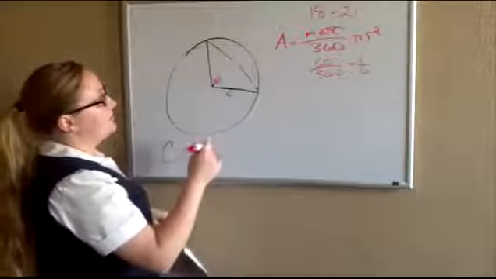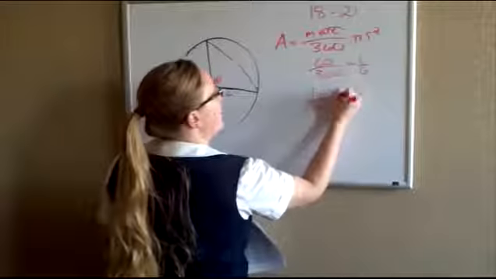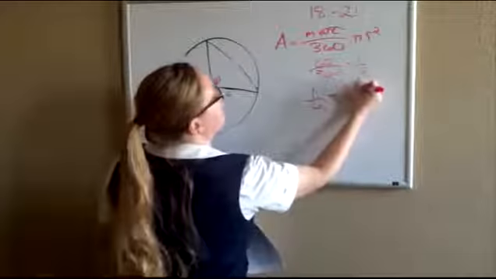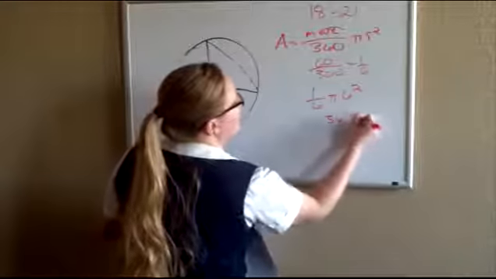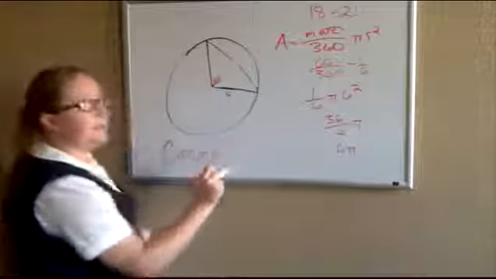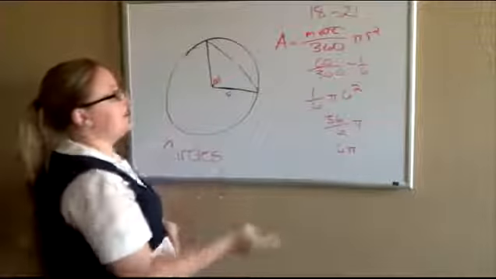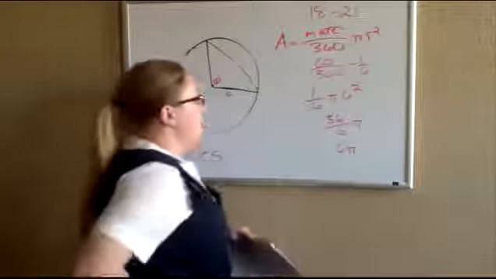So let's solve for this sector. It would be 1/6 times pi and 6 squared, correct? 36 over 6 pi gives you 6 pi is the area of the sector. And we need to remember that because the area of the segment is that minus the area of the triangle.